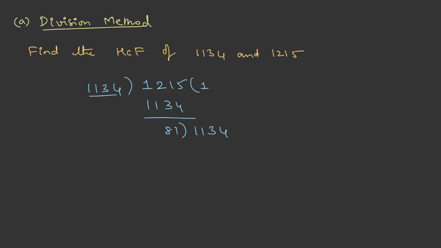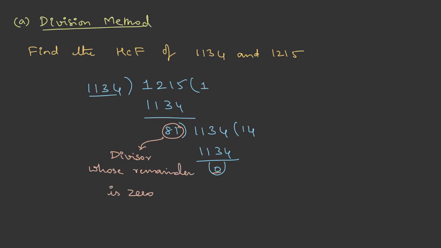So let's take the 1134 over here. Now 81 14 times is 1134, so the remainder is 0. So we need to keep on dividing until we get 0. The divisor which leads to a remainder 0 is the HCF. Therefore, the HCF of these two is 81.